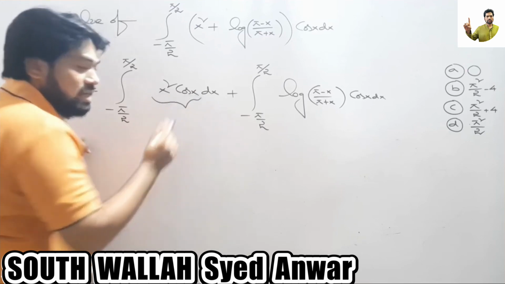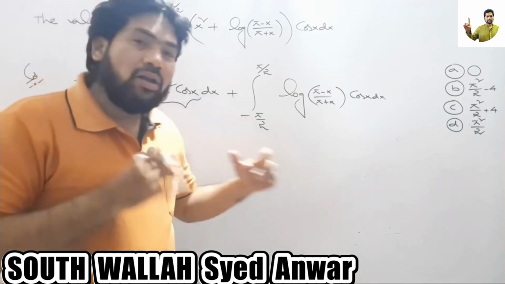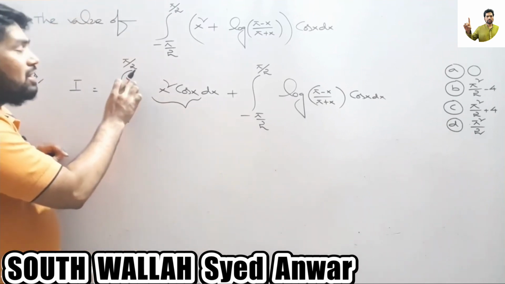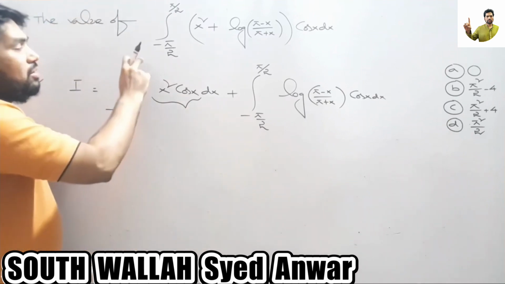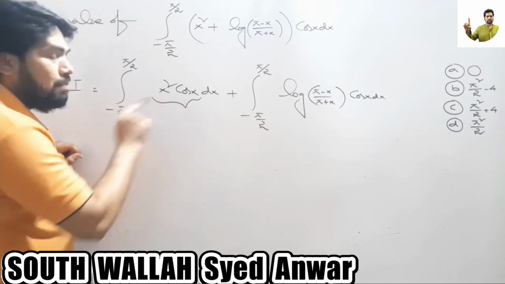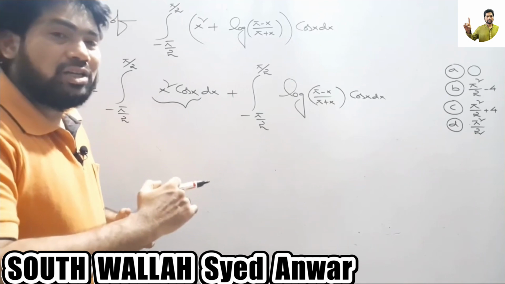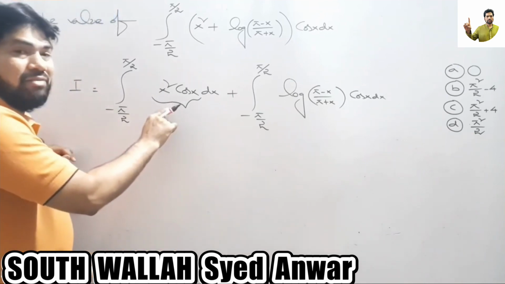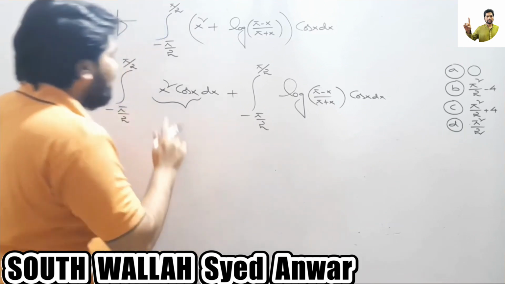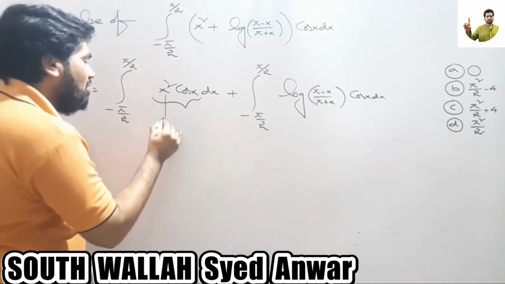Here you have to identify whether the integrand is an even function or an odd function. Whenever the limits are numerically equal but of opposite signs, you have to recheck whether it is an even function or an odd function. Right. So clearly x square is an even function here.